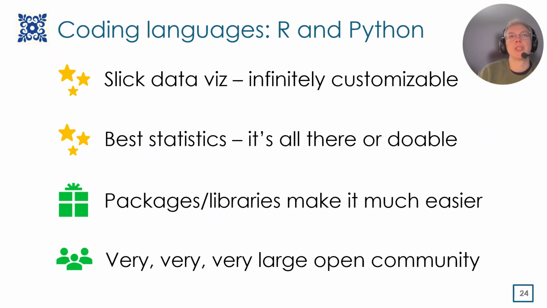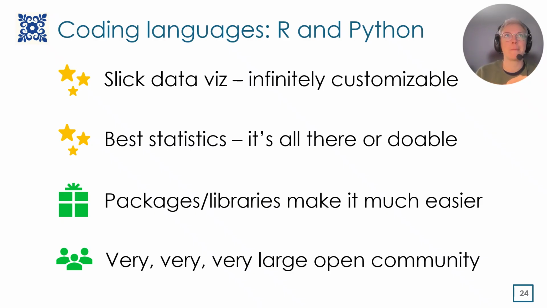So it makes it much easier. And there is a very, very, very large open community. These are free. A lot of people use it. And so, yeah, you're going to be able to find an answer to pretty much any problem that you face really easily.